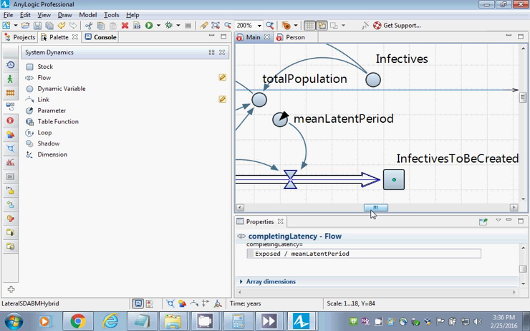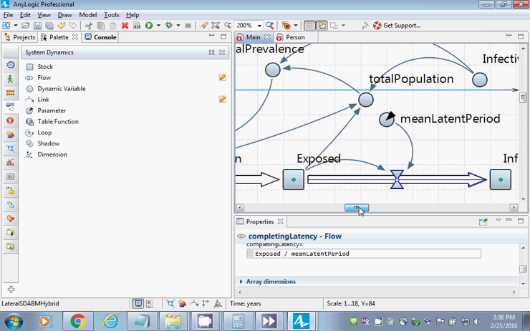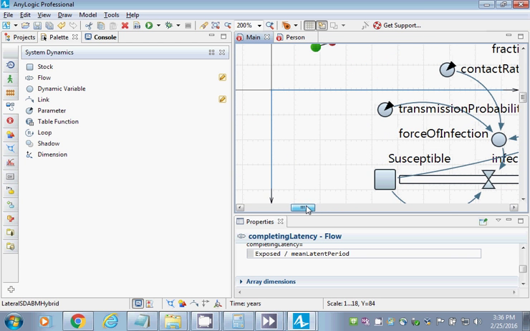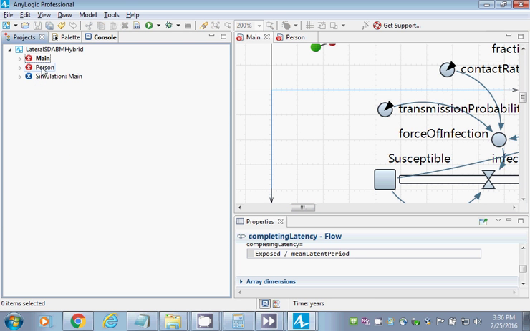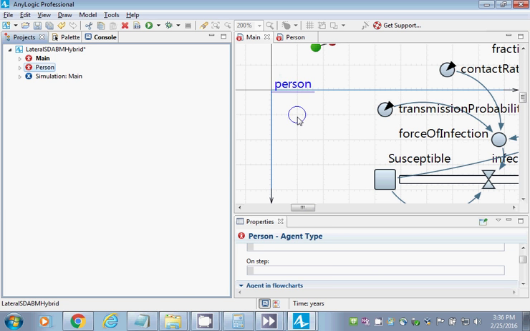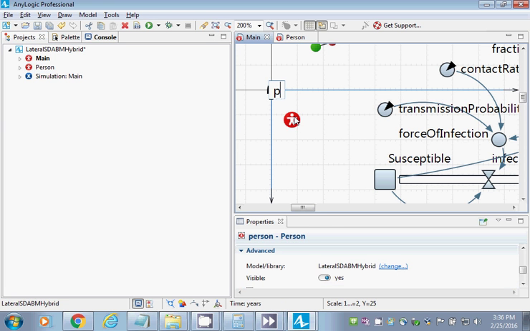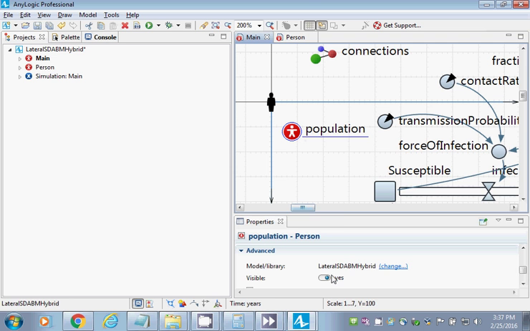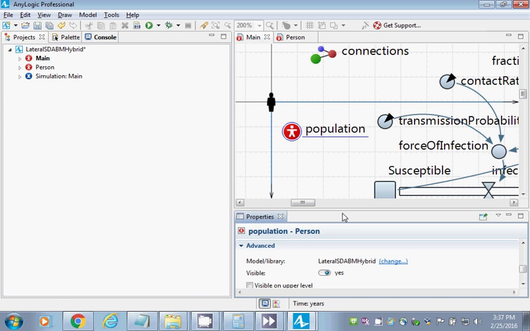Okay, now, having done that, ladies and gentlemen, I'd like to go back to this dynamic variable we didn't complete, infectives. A dynamic variable is a variable that's going to be updated on an ongoing basis as things change in what it depends on. So for infectives, what we're going to want is a value that is the sum of two things.